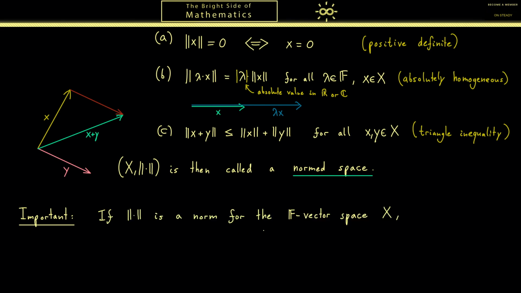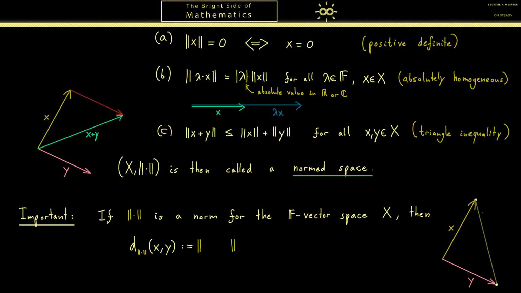If you have a norm for the vector space X, you can immediately define a metric. So maybe let's put the norm in the index of the metric, and then we can define the distance between 2 points x and y. If we look at the elements of the set X, we should think of the endpoints of the arrows.